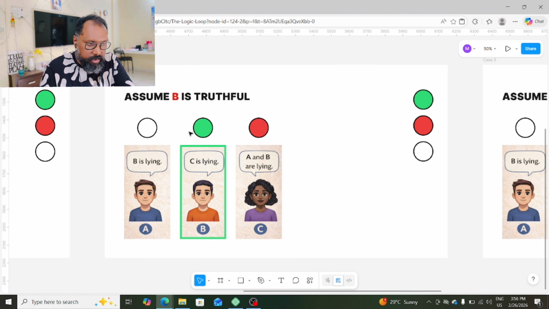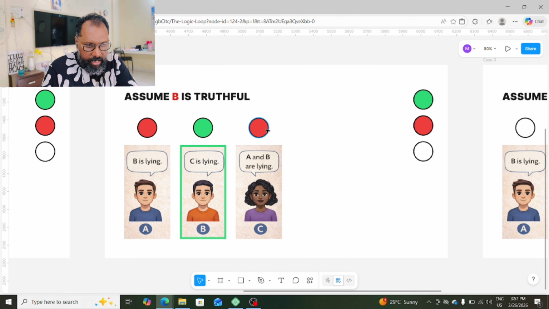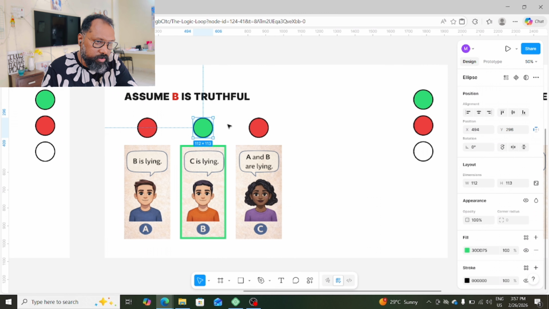Now let's check with A. A is saying B is lying, but we know that B is telling the truth, so A should be lying. His statement is also false, so let's make A a liar too. Now we have two people telling a lie and one telling the truth.